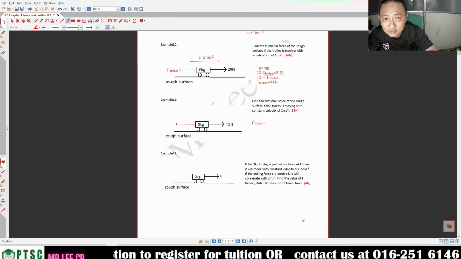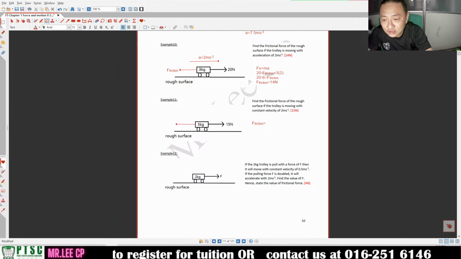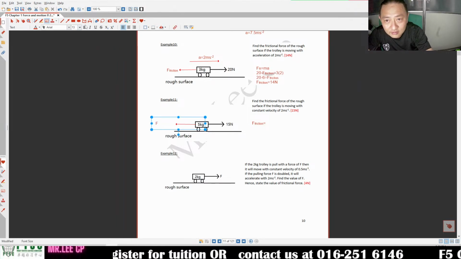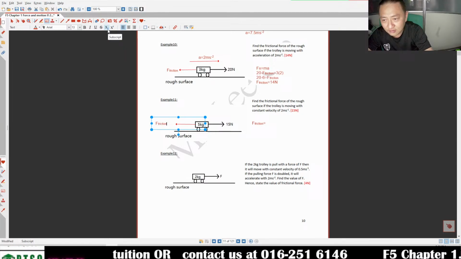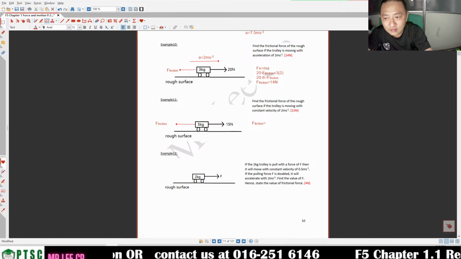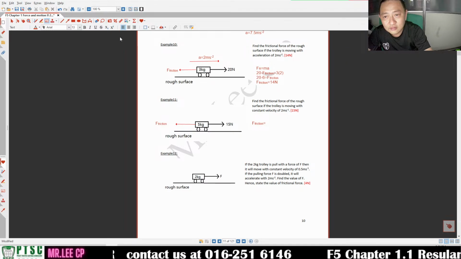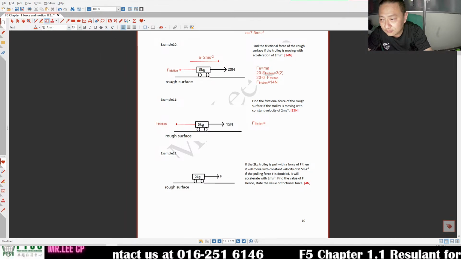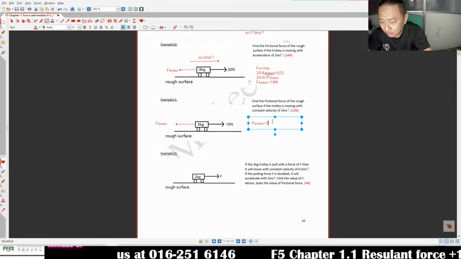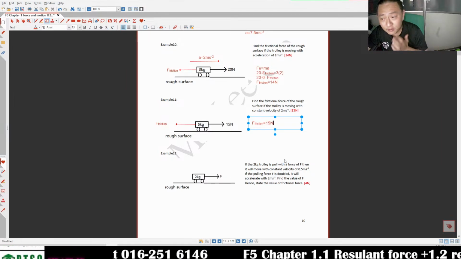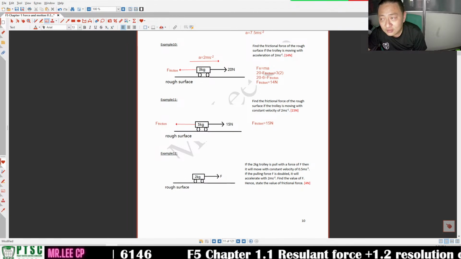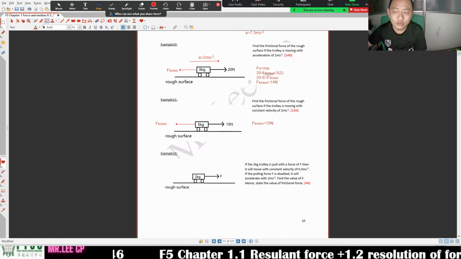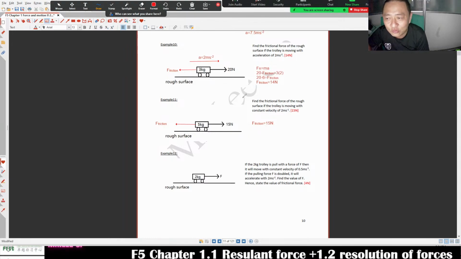How much? Constant velocity. Answer? 15 Newton, right? Still remember? If you want to calculate, I can calculate for you. If you calculate 1,000 times also, same.